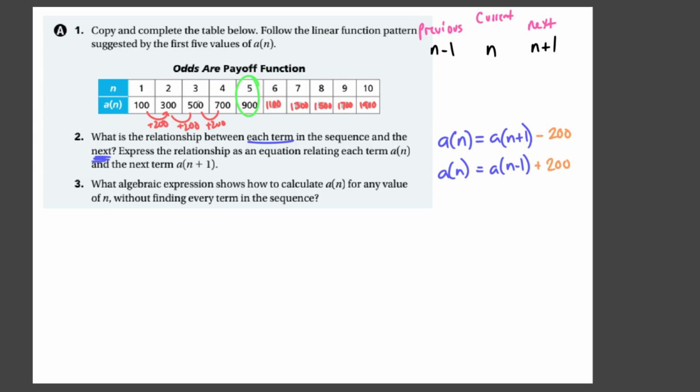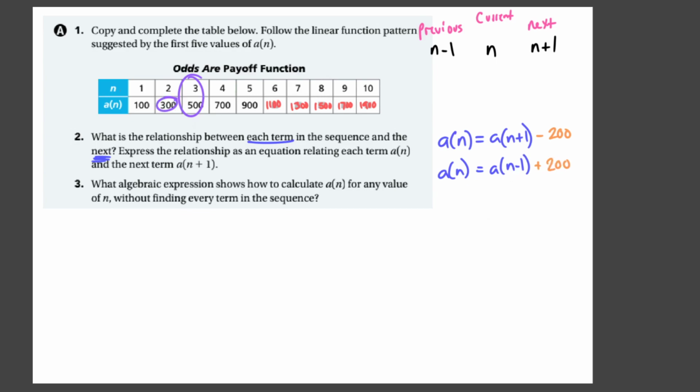So for example, wherever I am on my sequence, if I'm at 2 and I want to know what 2's value is, I go to my previous value and I add 200. So 100 plus 200 gives me 300. If I was at this point, 3, I need my previous term and I'm going to add 200.